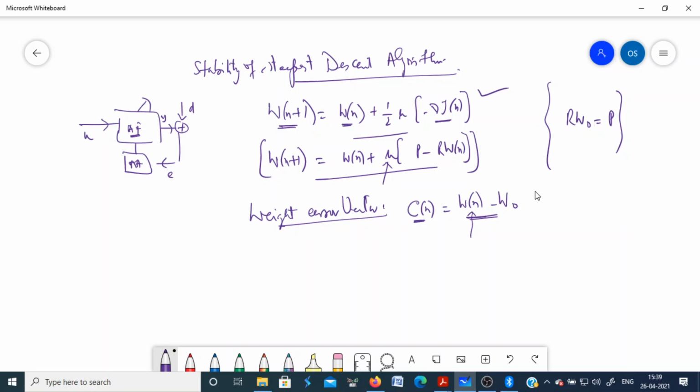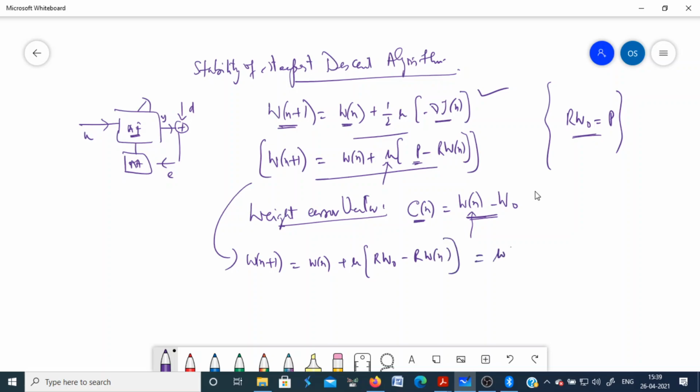Using these equations, you can modify this equation as Wn plus 1 is equal to Wn plus mu. In place of P, I can use the Wiener-Hopf solution, that is R Wo minus R Wn.